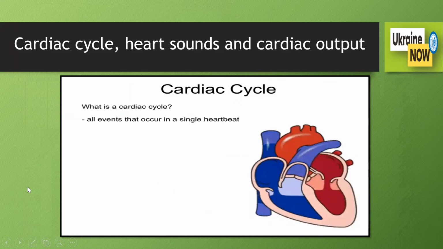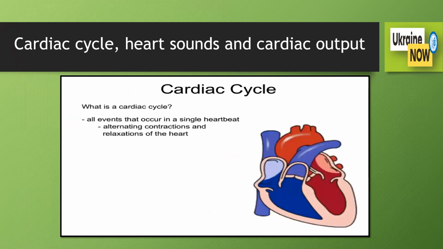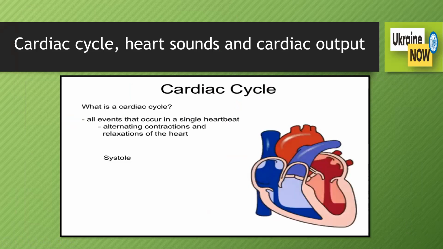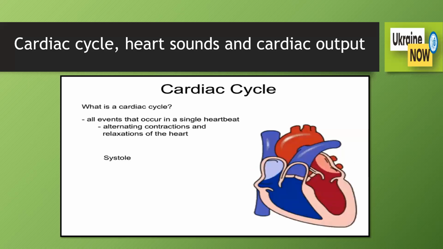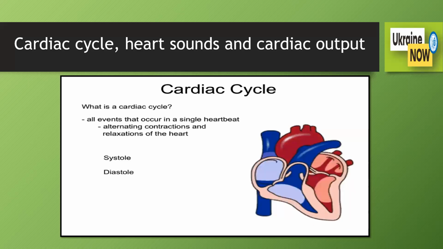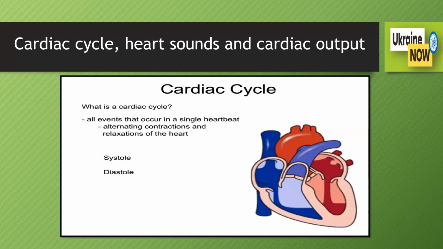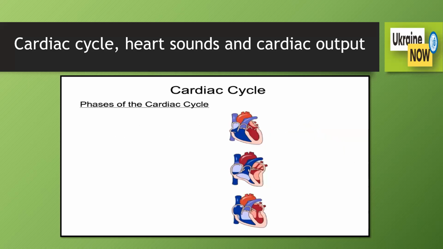The cardiac cycle are all the events that occur in single heartbeat, and the events that occur in a single heartbeat are the alternating contractions and relaxations of the heart. Contractions of the myocardium is what we call systole, and during systole, the myocardium of the chambers contract, causing the chambers to squeeze blood out. Relaxation of the myocardium is what we call diastole, and during diastole, the myocardium of the chambers relax, allowing the chambers to fill with blood. There are 3 phases of the cardiac cycle. The first phase is called atrial systole.